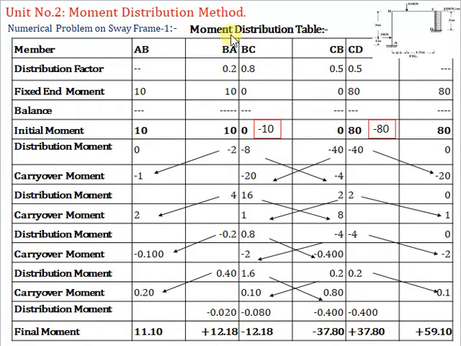Now do the moment distribution method. Write down the moment distribution table.